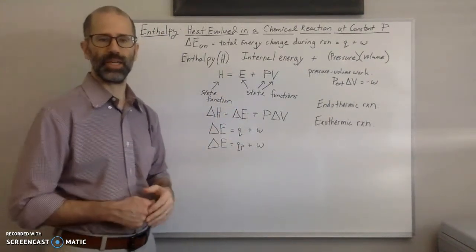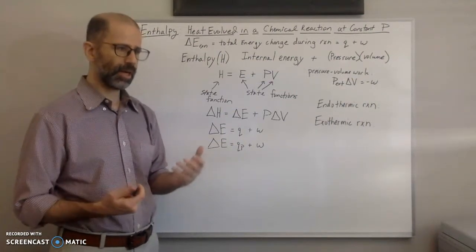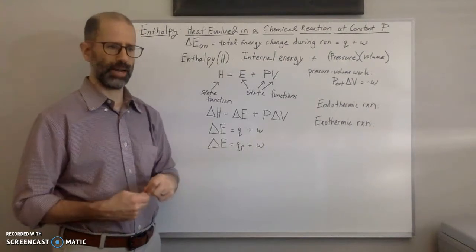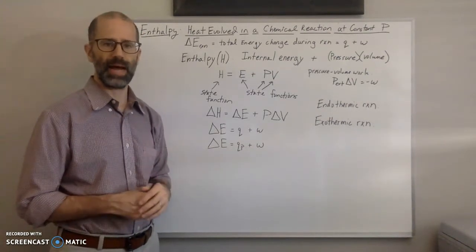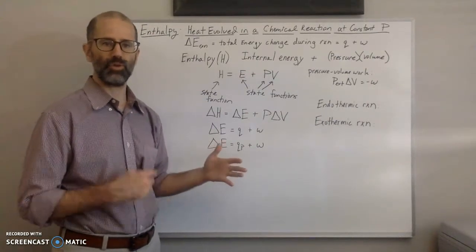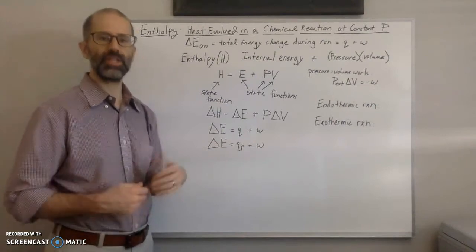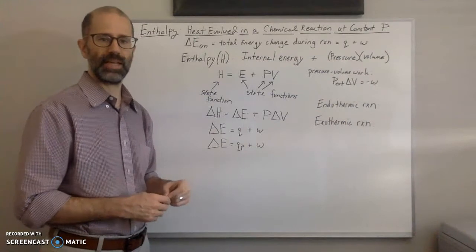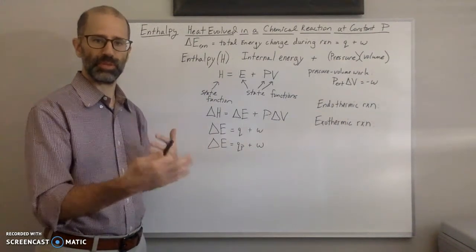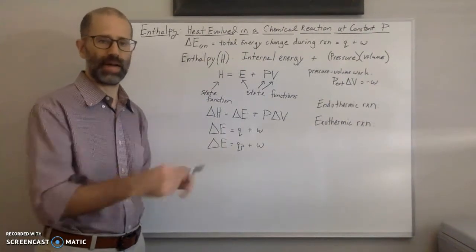A state function is a value or a magnitude of some sort that does not depend on how you get to where you're going. How did you get to that state, right? It just depends on what the initial state was and what the final state is. And then you look at the difference between those two states, and that's all that matters. It doesn't matter how you got to that state.